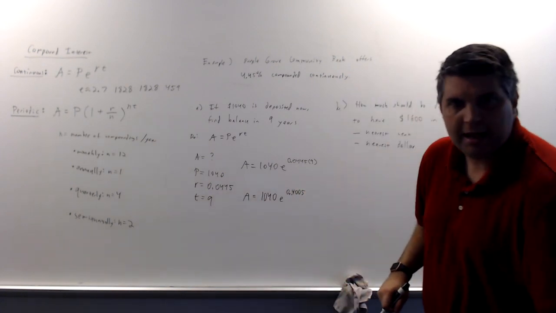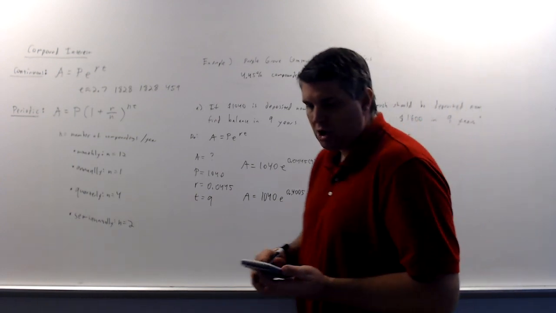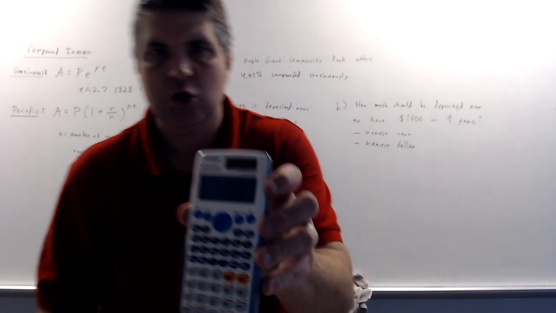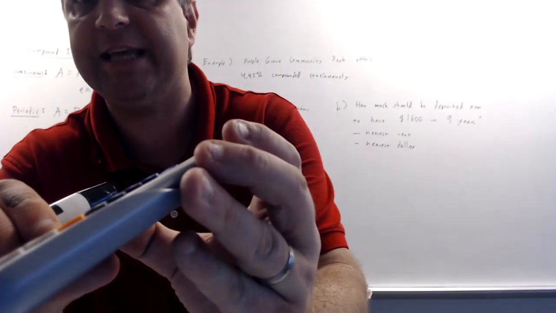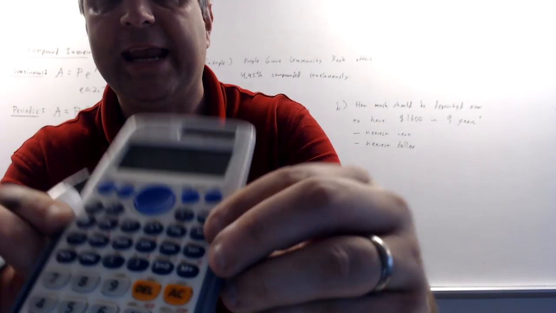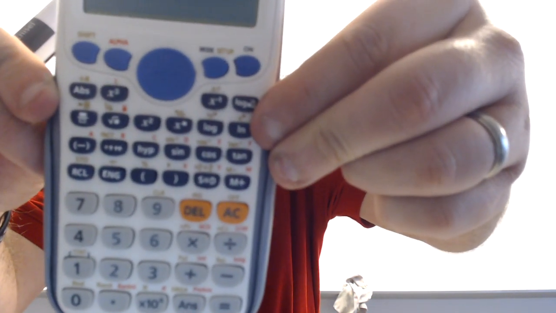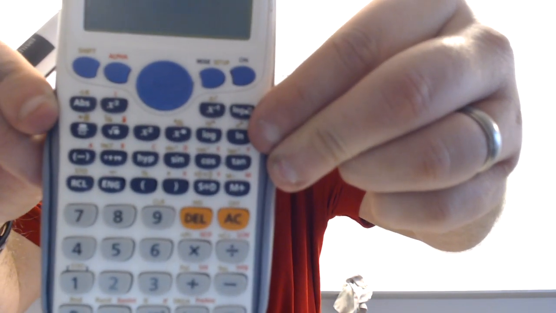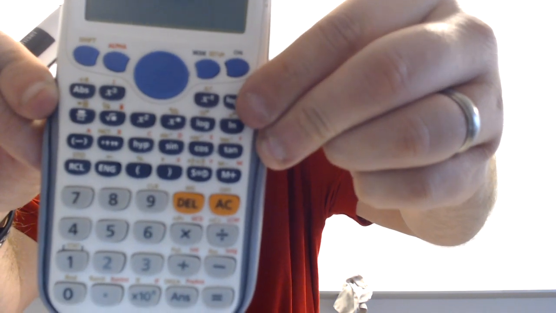Okay. Now, on my calculator, which is a Casio, you will typically see an LN button. On my calculator, it's right there. Some calculators, it may look like a capital I, but it's actually LN. Okay? Right above that LN, you will see E to a power. Okay?